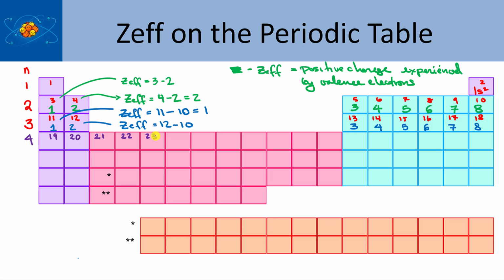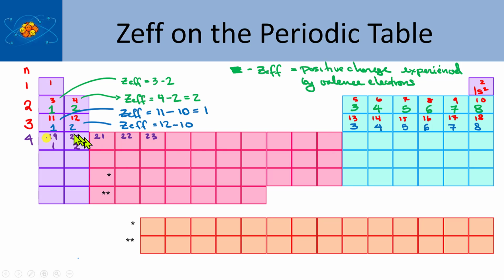And now what we're going to be talking about specifically is effective nuclear charge experienced by the valence electrons, right? So what's going on is that, for example, for potassium, the effective nuclear charge is going to be 1 because I take 19 and I subtract 18 from it, right? And then I get 1. This is going to be 2. But now think about what's happening here. These are the n-1 electrons.